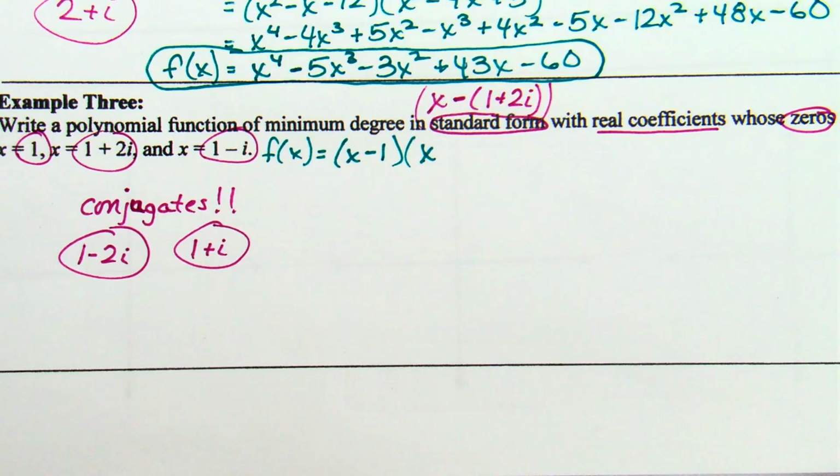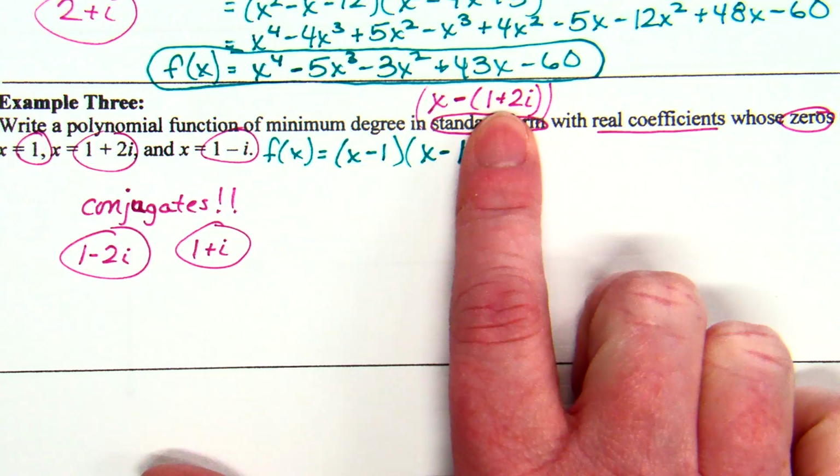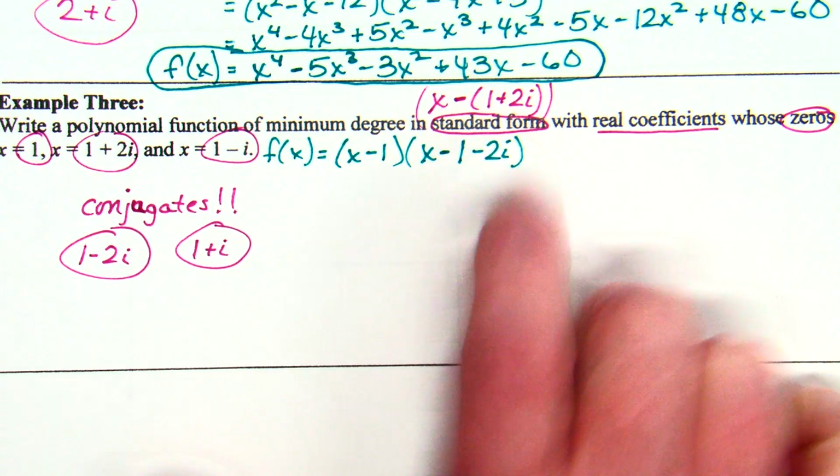There's always an x out in front on all of these. Like here, it's x minus the number, so x minus 1. Here, it's x minus the number, but the number is 1 plus 2i. So then that becomes x minus 1 minus 2i. So yes, there's always an x. Okay, so this is x minus 1 minus 2i.